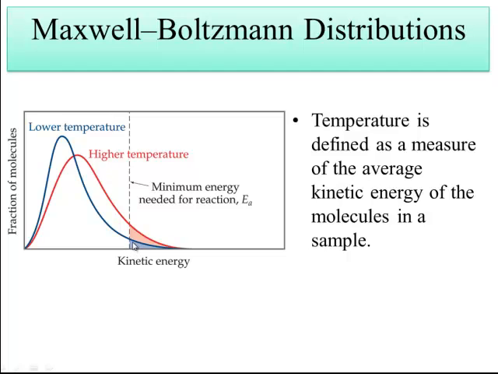Then as you all can see, very few molecules will have energy equivalent to energy of activation at lower temperatures. However, at higher temperatures, the entire shaded region will represent the number of molecules having energy greater than energy of activation, and therefore more molecules are capable of undergoing reaction.